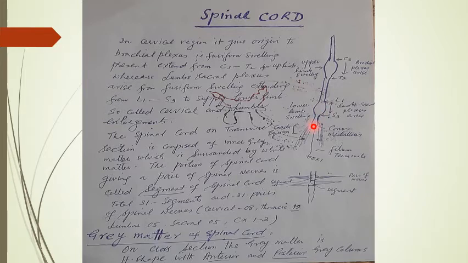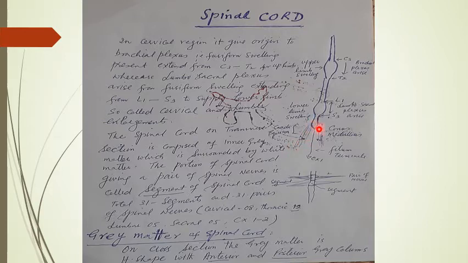In the lower part, the terminal part of the spinal cord is conical, and the name given is conus medullaris. Because it ends at the lower border of L1, the other nerves L2, L3, L4, L5, S1, S2, S3, S4, S5 and coccygeal have to travel down from this level in order to pass out from the intervertebral foramina.